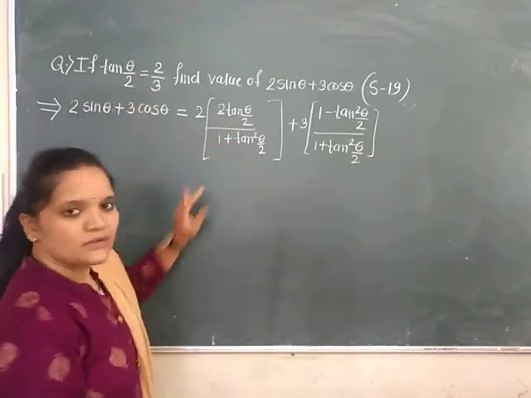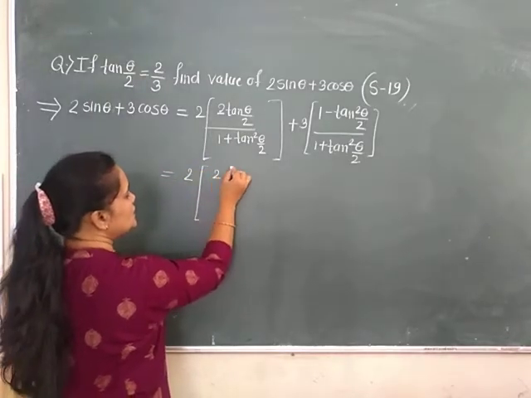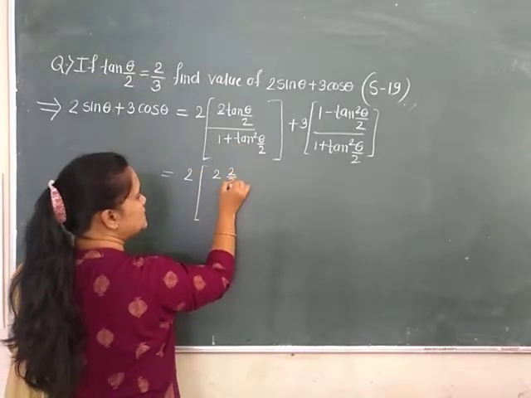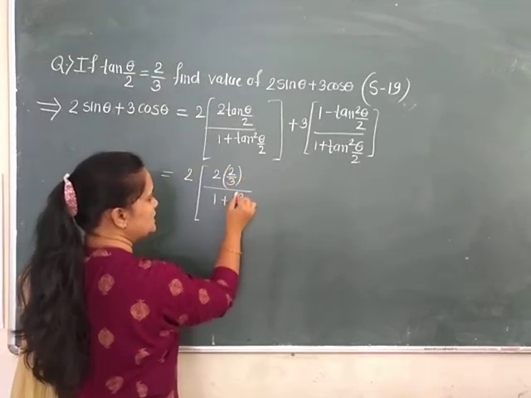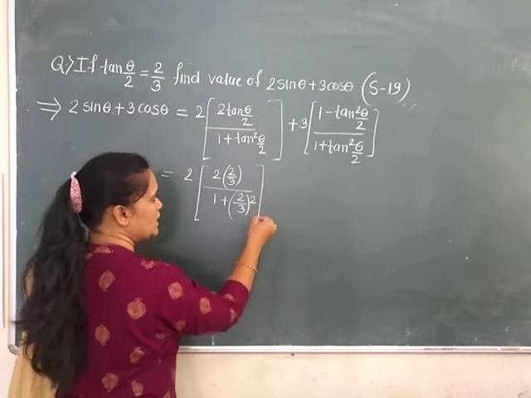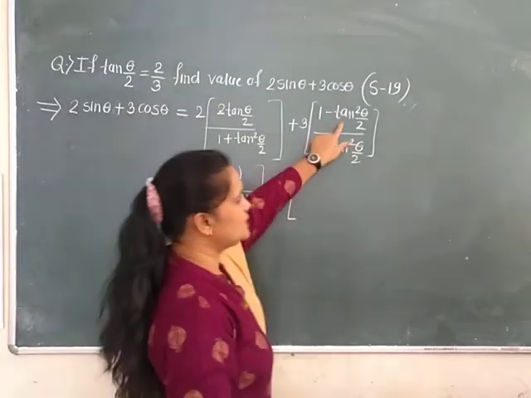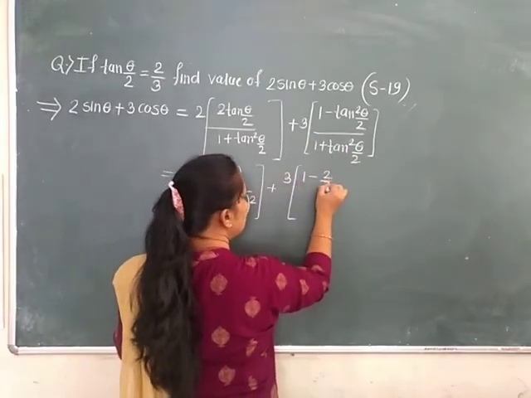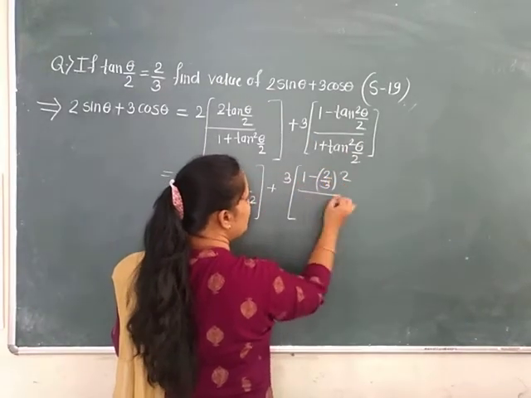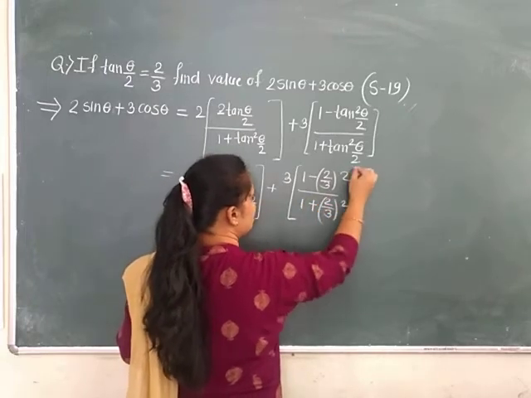Now we have given value of tan of theta by 2. I will put, so 2 into the bracket, 2 into 2 by 3 divided by 1 plus 2 by 3 its square plus 3 into the bracket, put here tan of theta by 2's value 1 minus 2 by 3 whole square divided by 1 plus 2 by 3 whole square.